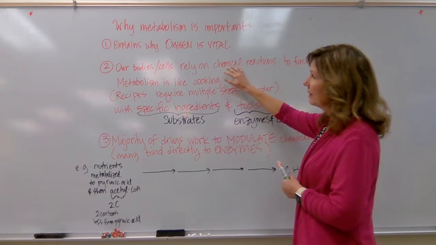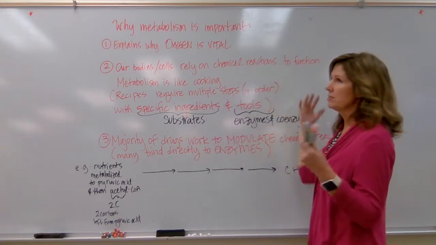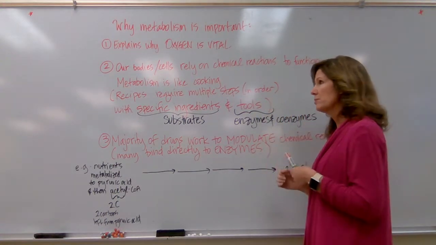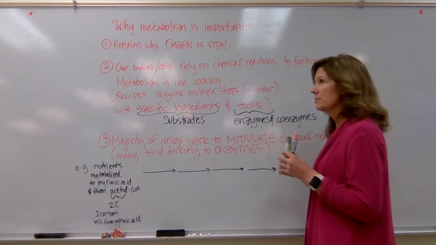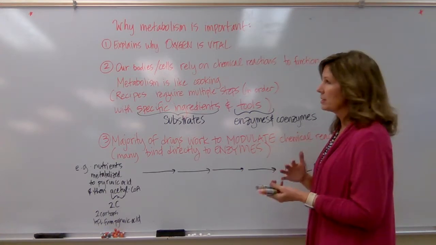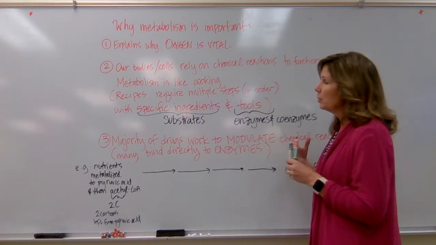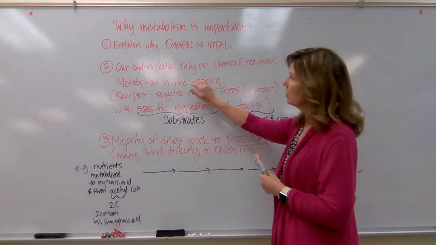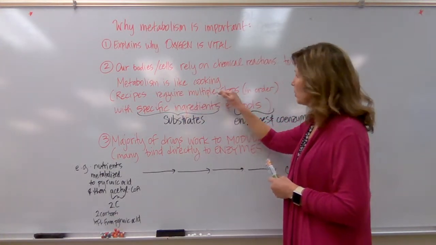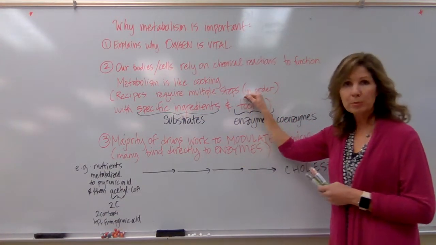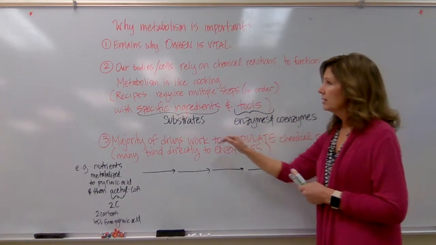Our bodies definitely rely on chemical reactions, just like your bodies are composed of cells. All of those cells do rely on chemical reactions. Some are building reactions, some are decomposition reactions, but it does remind me a lot of cooking. So I say that because recipes usually require multiple steps that do have to be performed in a particular order.